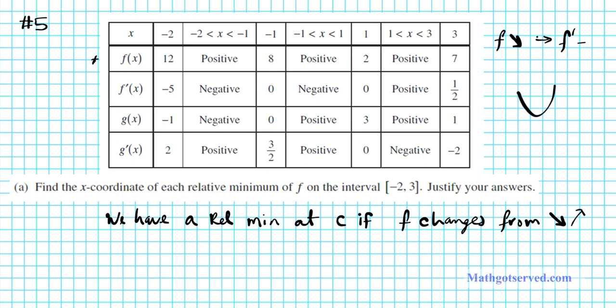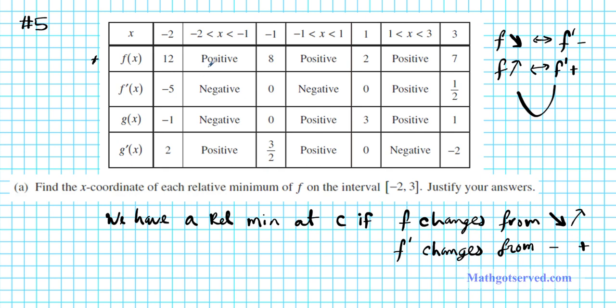It goes both directions. If the derivative is negative, then the function is also decreasing on that interval. If f is increasing, then the derivative is going to be positive, right? And it also goes both ways. So if f changes from decreasing to increasing, it also follows that the derivative f prime changes from negative to positive. All right?